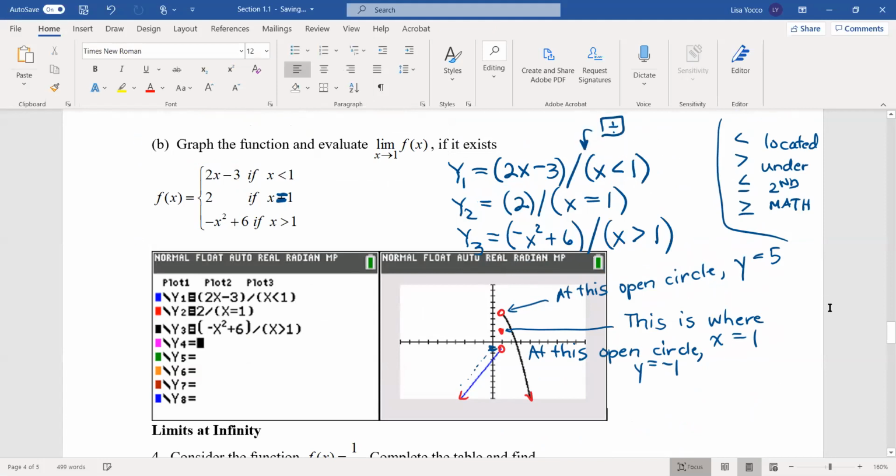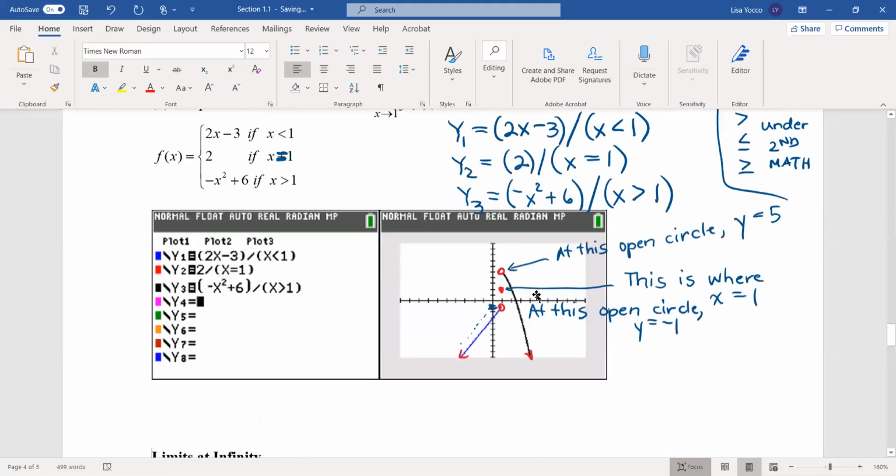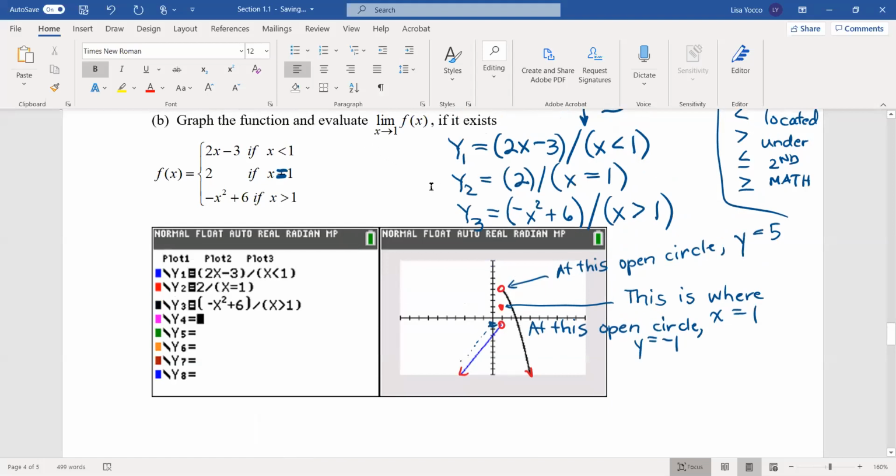All right. So what am I doing here? What I'm trying to do is evaluate the limit. Go back to the problem. I want the limit of the function as x approaches 1. So now I hope we're ready to answer the question.